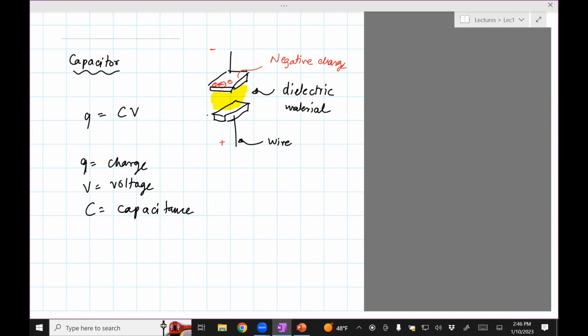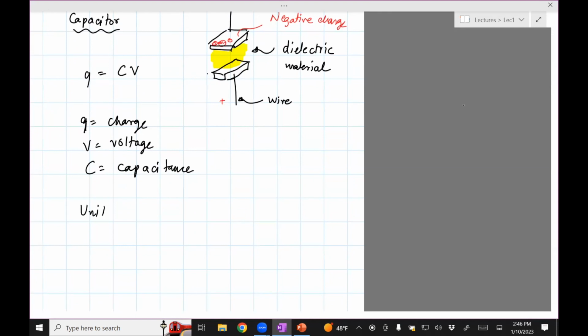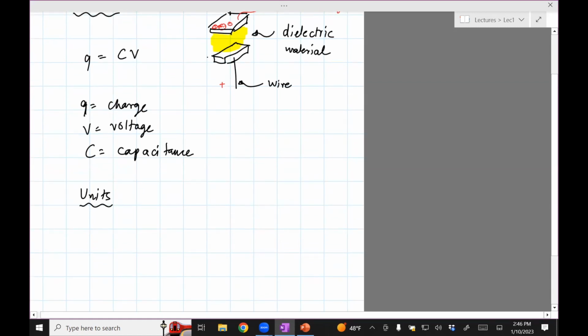So the units of capacitance are farad. Faraday was a scientist. So remember that the bigger the capacitance, the bigger is the ability to store charge because Q is proportional to C. So the capacitance values are usually in picofarad.